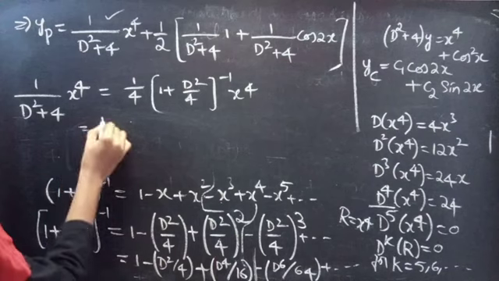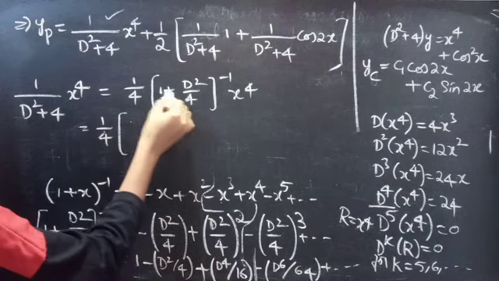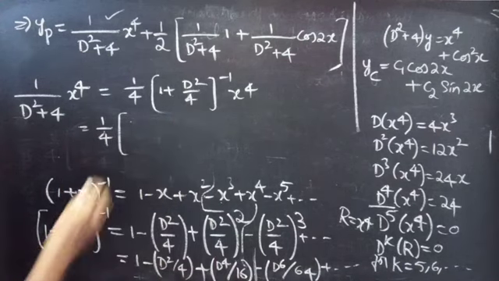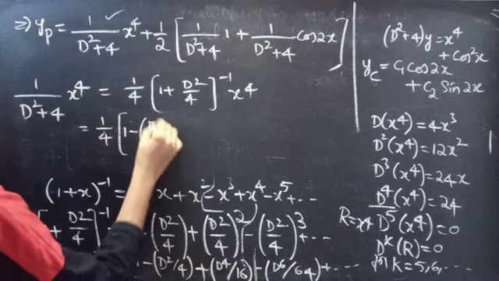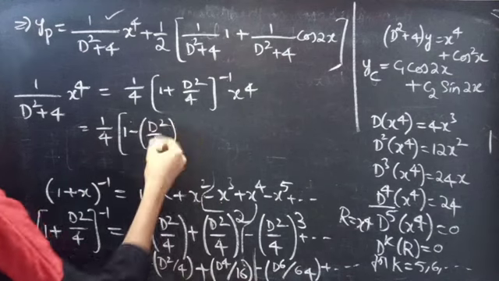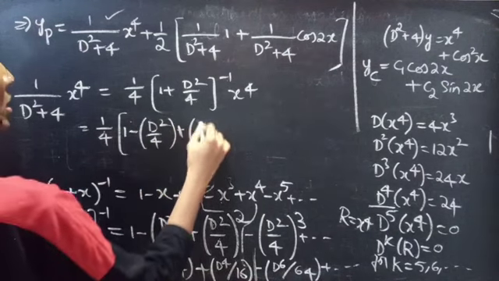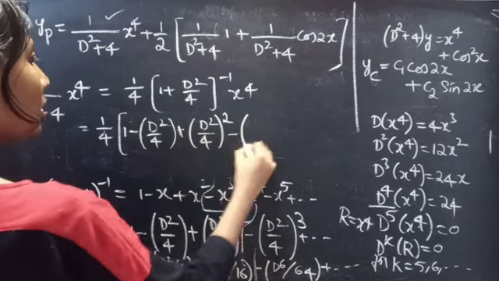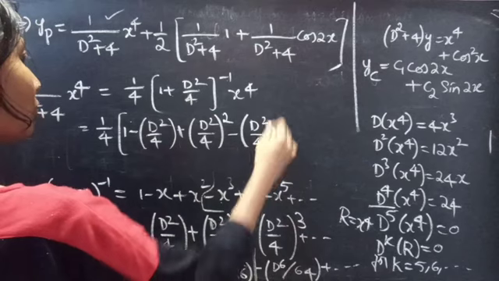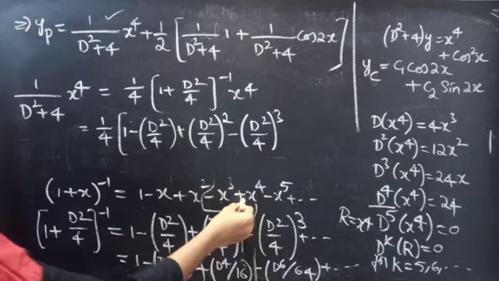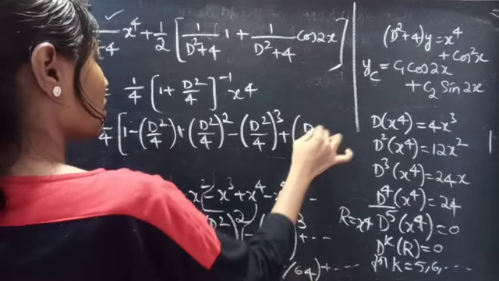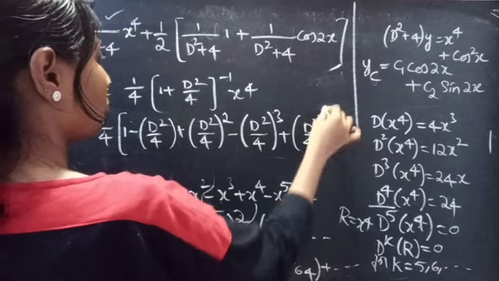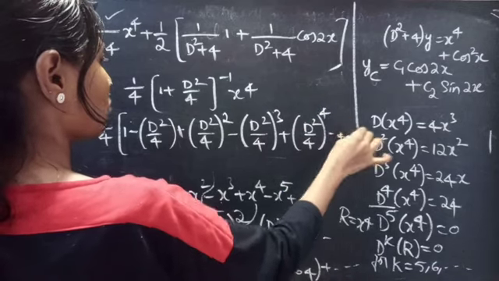Now we can expand (1 plus x) whole inverse as 1 minus D square by 4 plus (D square by 4) whole square minus (D square by 4) whole cube plus (D square by 4) whole power 4 minus and plus and so on, right?